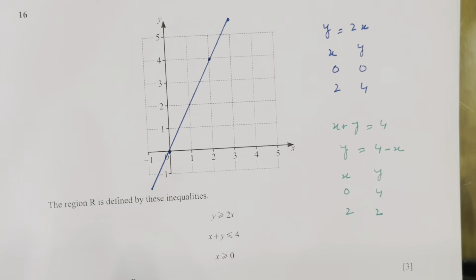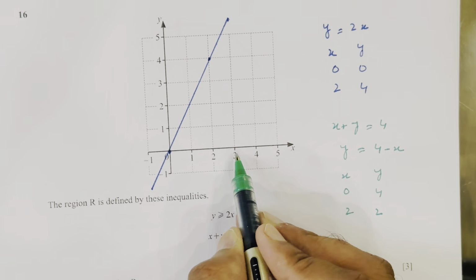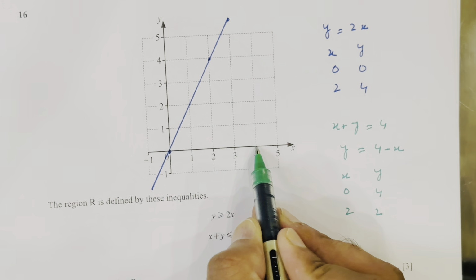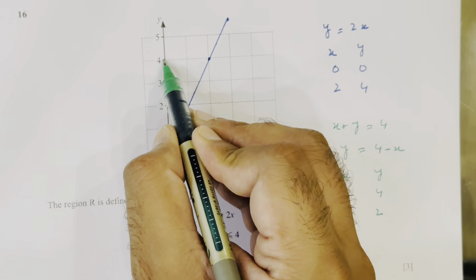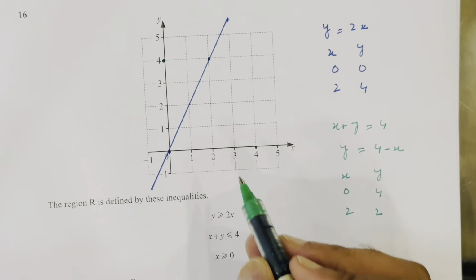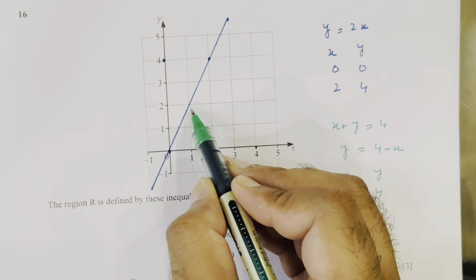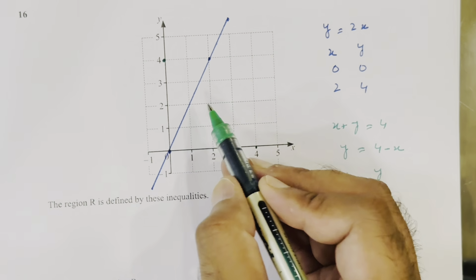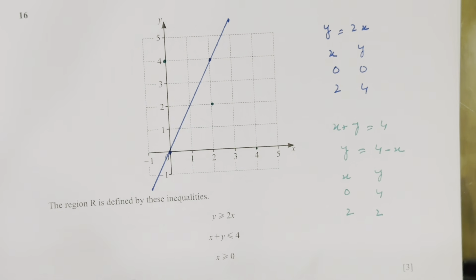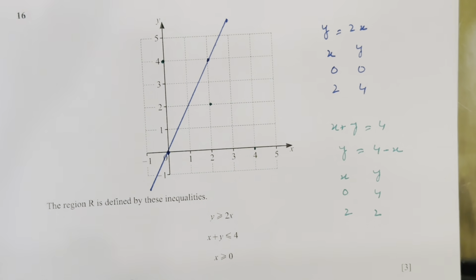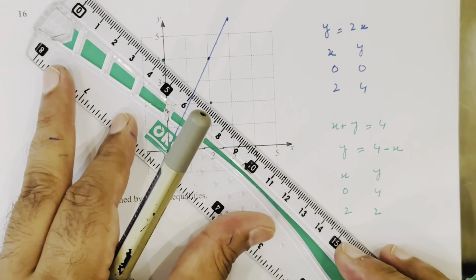Okay, now you need to plot these 2 points. At 0, y is 4. This would be the point. At 2, the point is 2. Okay, now we need to join these 2 points.